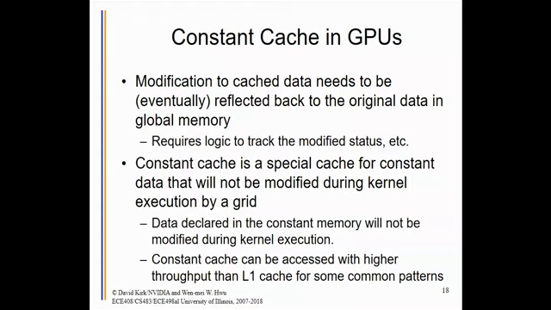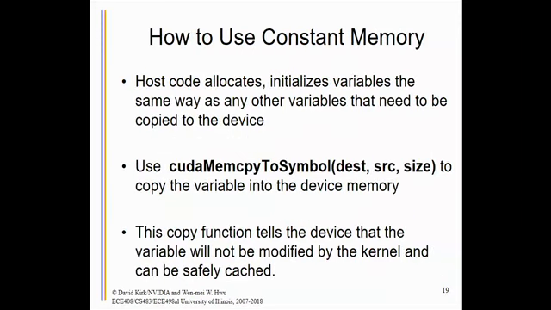Because there's no need to worry about any change to the contents, you can buffer things and do all kinds of replication. That's why the constant cache can be accessed by many threads at even higher throughput than typical shared memory or even the L1 cache.